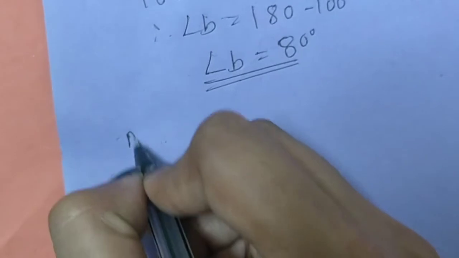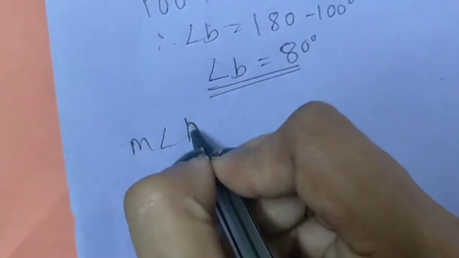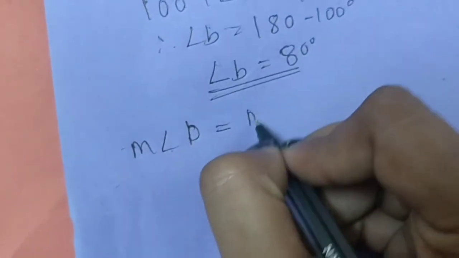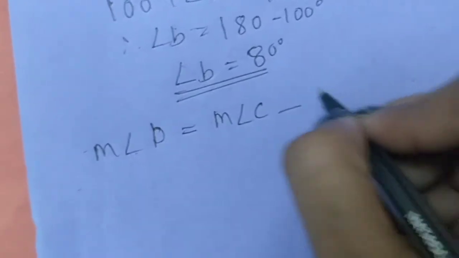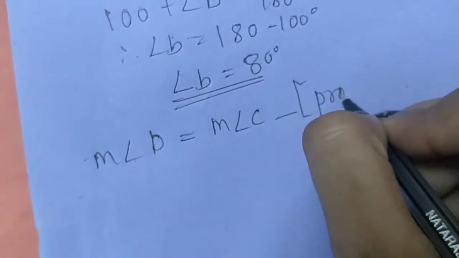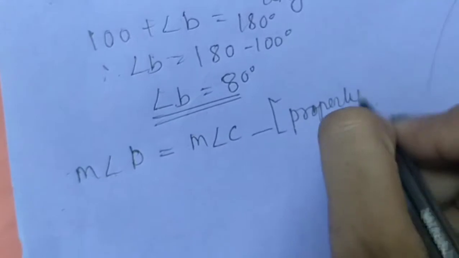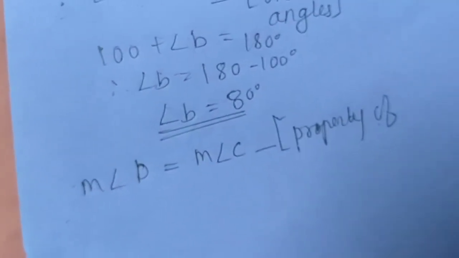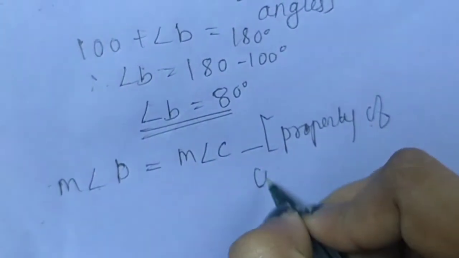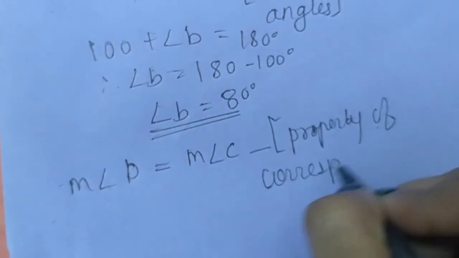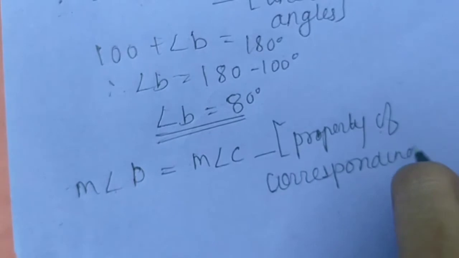Property number 1: measure of angle B will be equal to measure of angle C, by the property of corresponding angles.